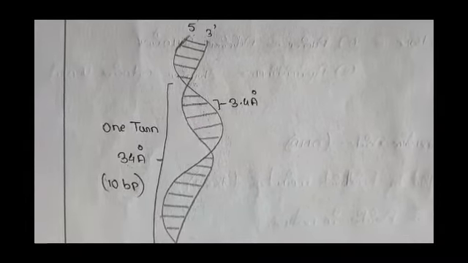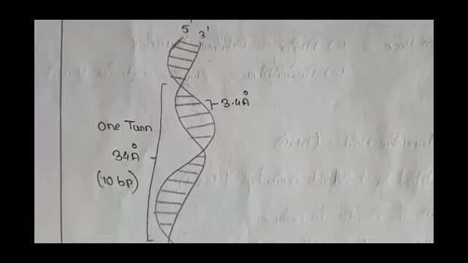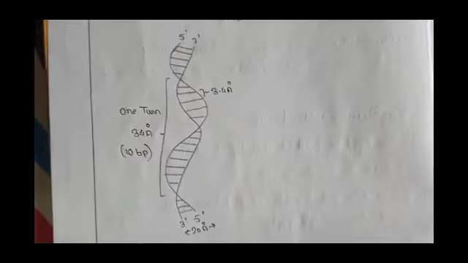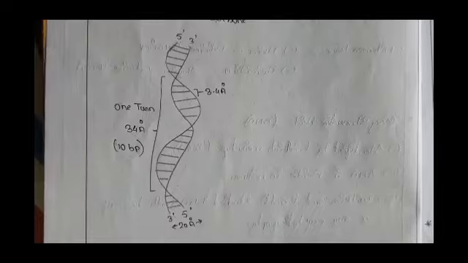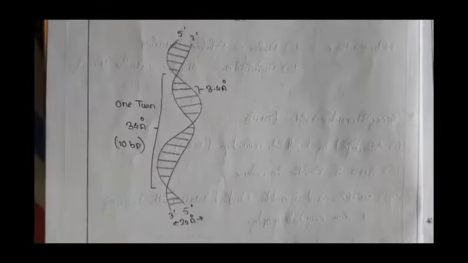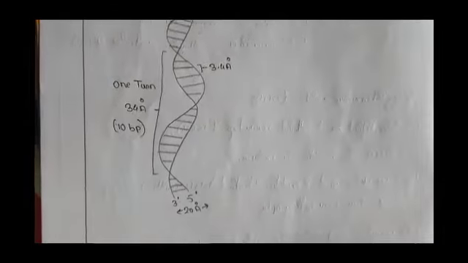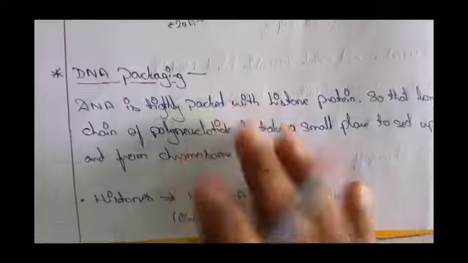Okay, so the question arises: how can this long strand or long chain of DNA convert into a chromosome, which is small? For this we have DNA packaging. So DNA packaging is our next topic.